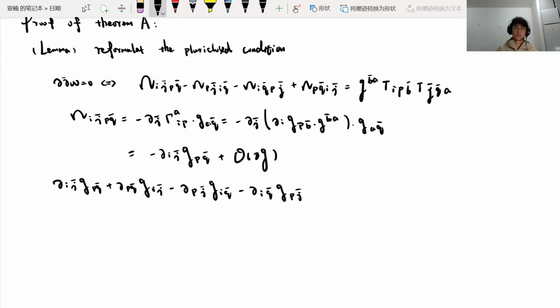This is the second part of the left hand side, and this is just the Flericks condition in local coordinates.